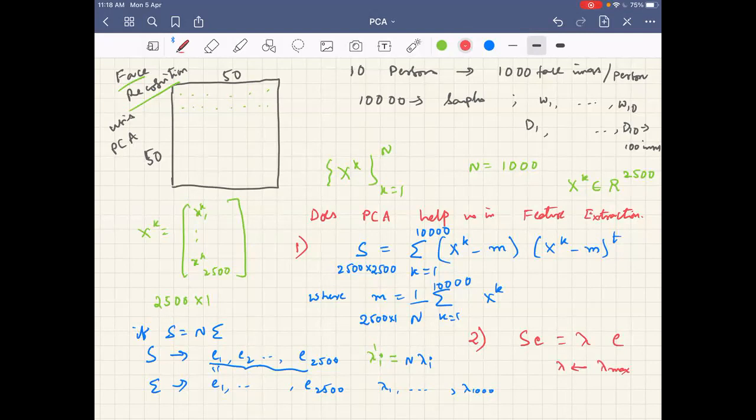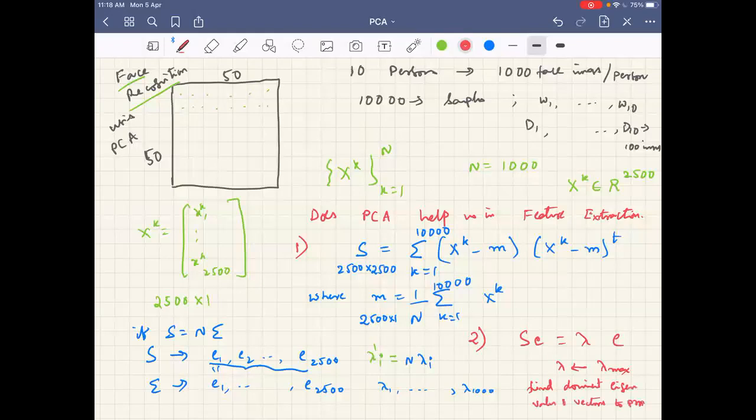So in this second step, you find the eigenvalues and eigenvectors, the dominant or principal eigenvectors, as people call them.